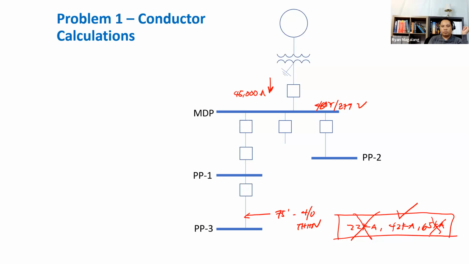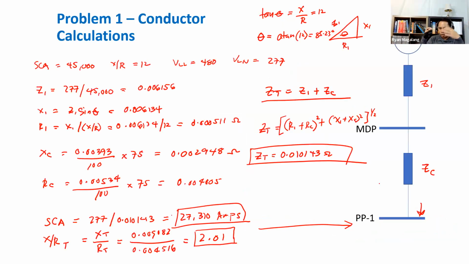So you do not just randomly say I'll pick the highest one, because you may be spending more money for no reason. So select the adequate rating for the right application, which is why we're doing this calculation, so that you could select the proper rating without being too conservative and spending money unnecessarily.